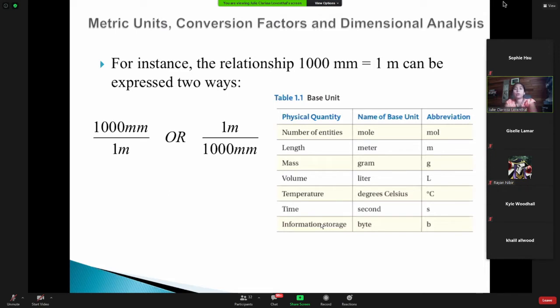So if you want to say 2 meters is how many millimeters, you would use which factor? This one or this one?